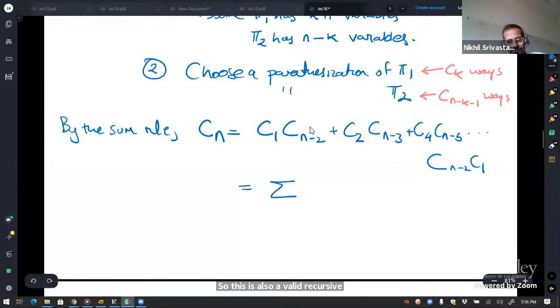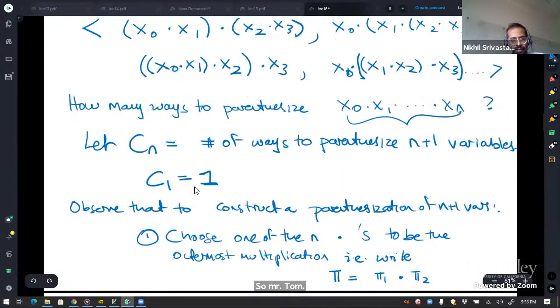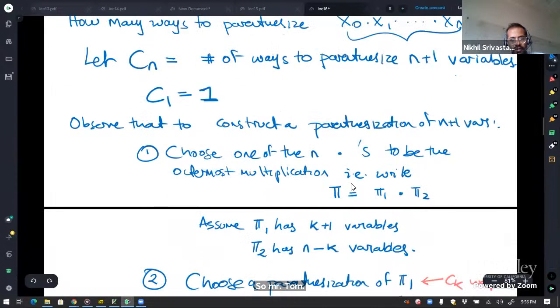This is sometimes written this way: summation, k goes from, actually, sorry, I guess you can go from 0 in this case. So I missed a term. Maybe I should add a base case. C0 is also 1.